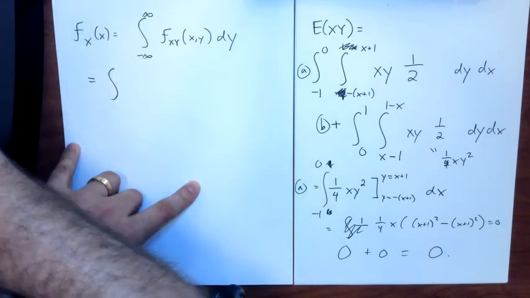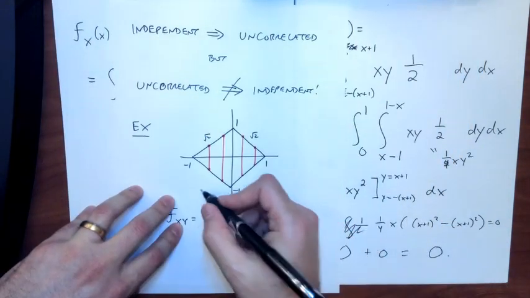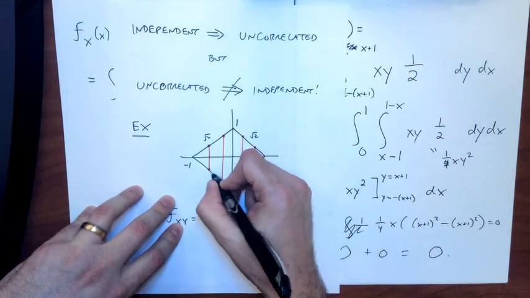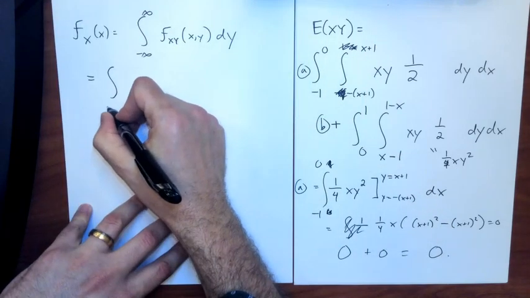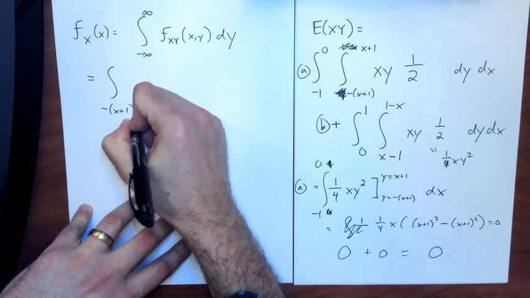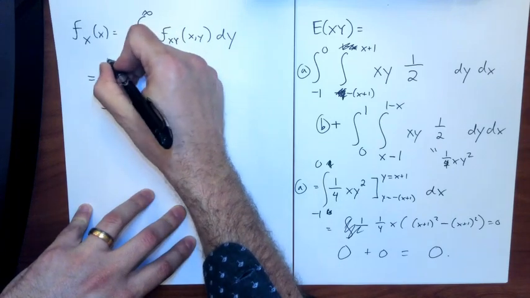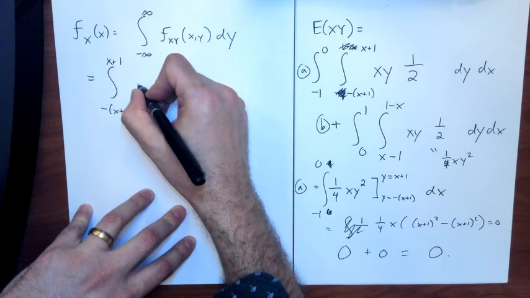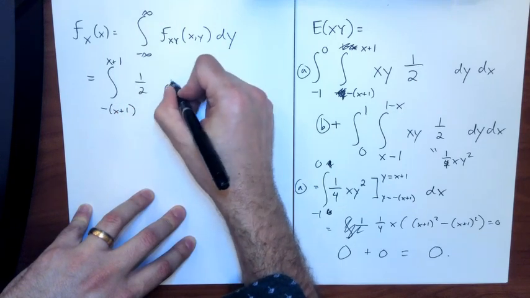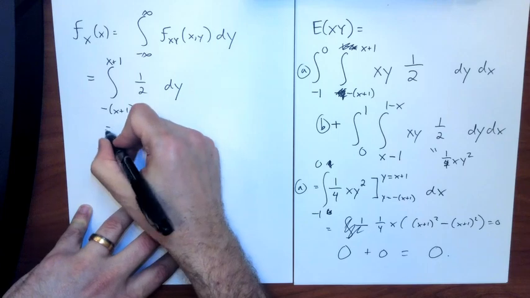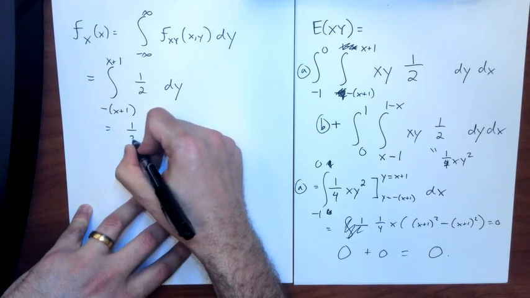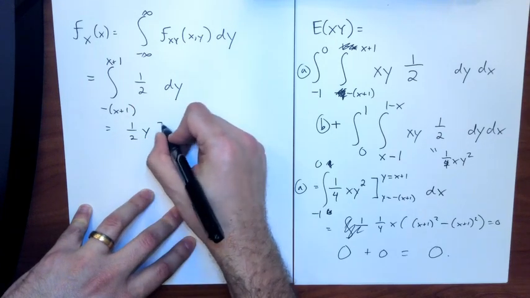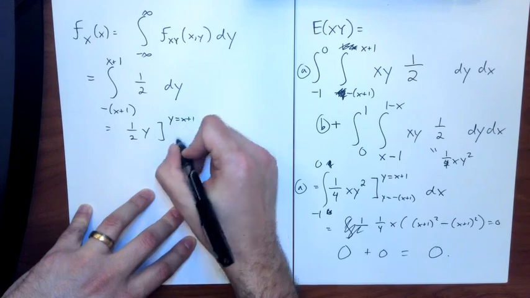If x is less than 0, actually I'm doing the same integral I did over here, right? I'm going between minus x plus 1 and plus x plus 1, the integral of 1/2 dy, which is going to be equal to 1/2 times y evaluated at these places.